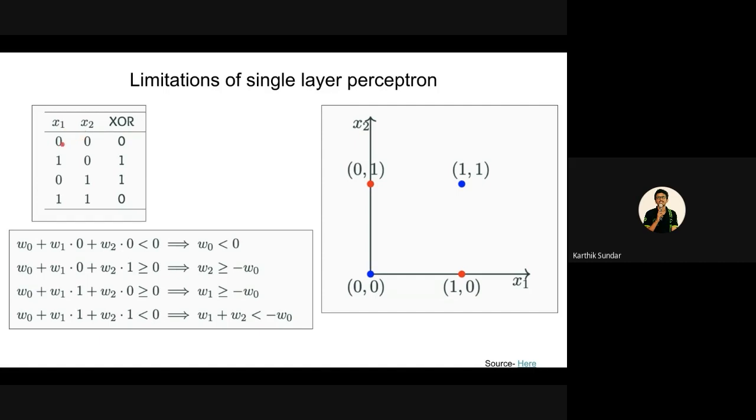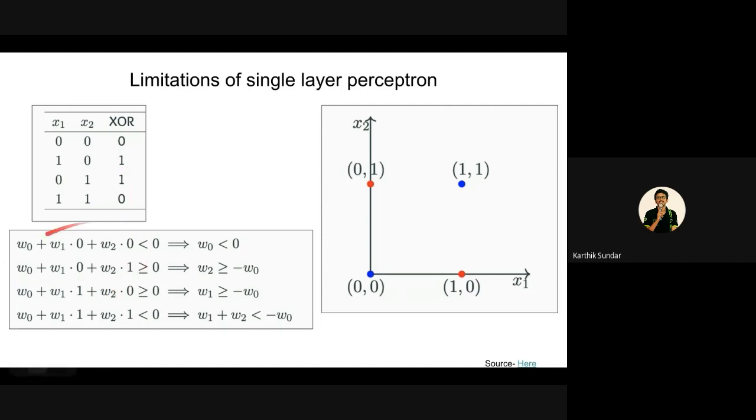X1 comma x2, if it is 0 comma 0, we have to give 0. 1 comma 0, you have to give it as 1. 0 comma 1, the output must be 1. 1 comma 1, the output must be 0. So let's say even if you want to hard code the weights, W0 plus W1x1 plus W2x2 must be less than 0 whenever the output is 0, and the weighted sum must be greater than or equal to 0 whenever the output is 1.